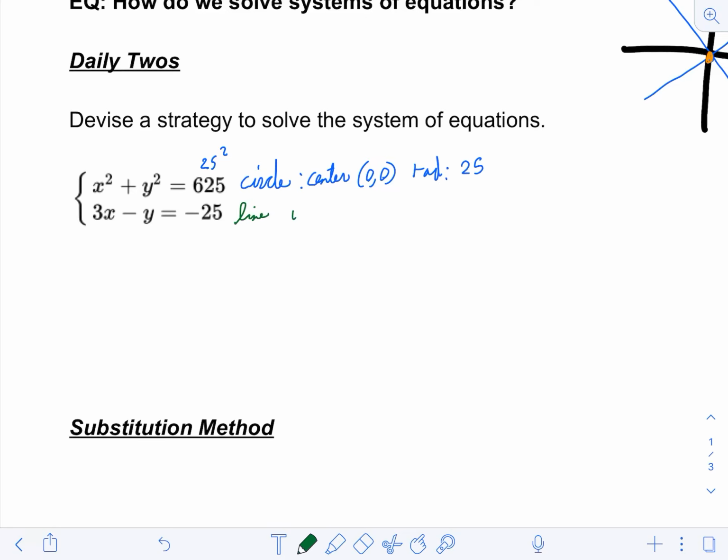It ends up being y equals 3x plus 25. And that gives us two main things. Our slope is 3, and our point is 0, 25. Knowing our slope and point, that allows us to go ahead.